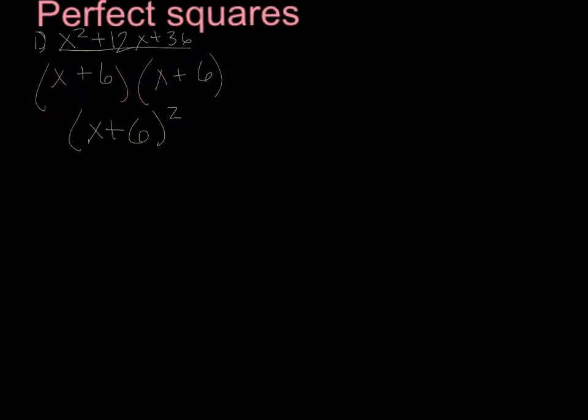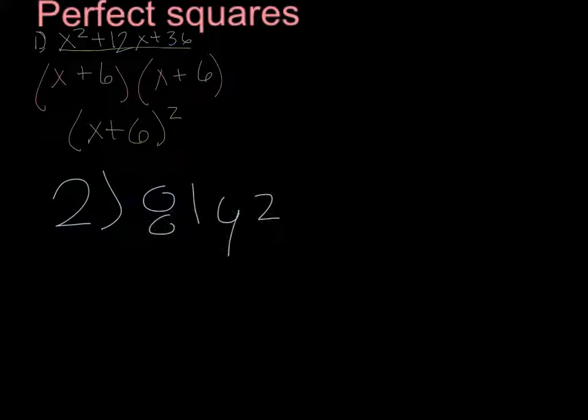Our second equation is 81y squared plus 18y plus 1. Just because there's a big number in front doesn't mean much.